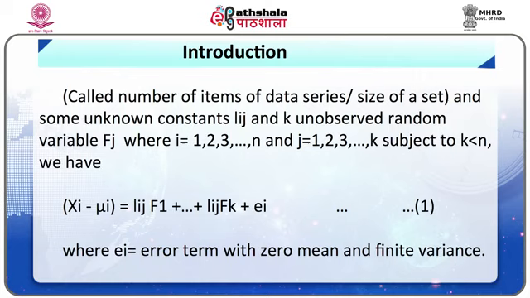We have the equation as follows: xi minus mu i equals Lij f1 plus and so on up to Lij fk plus ei. Here in this equation, ei implies the error term with zero mean and finite variance.